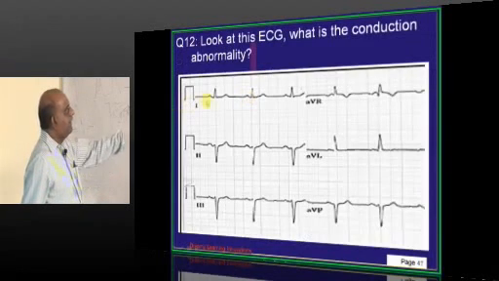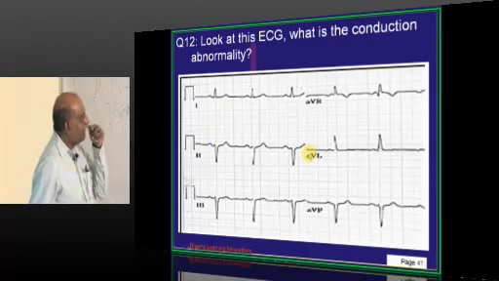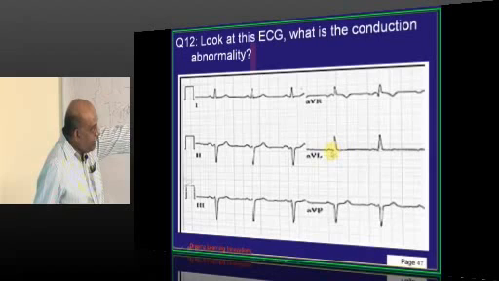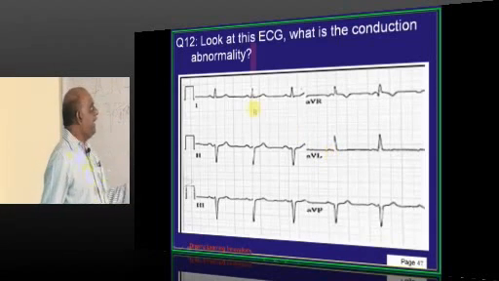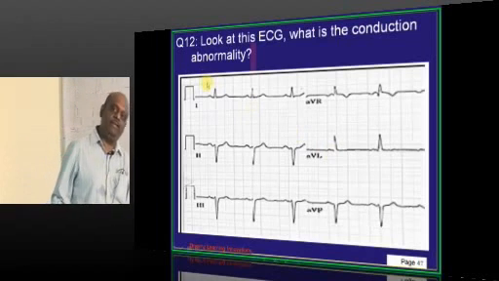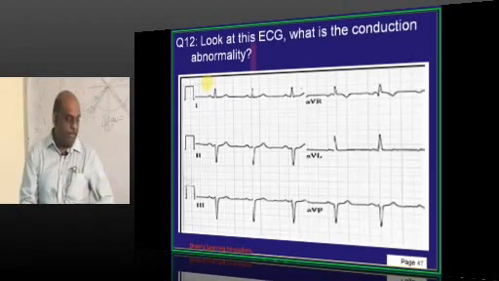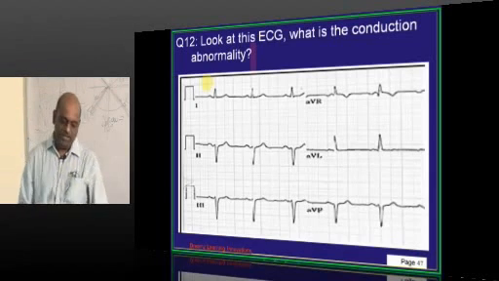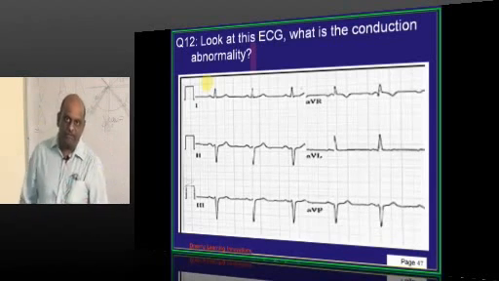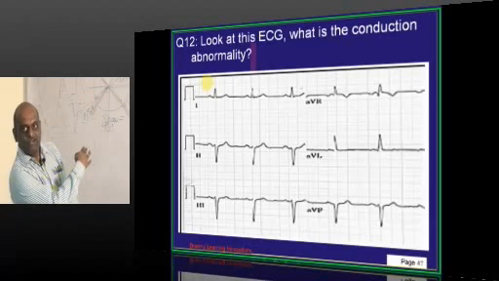Where is lead 1? Lead 1 and aVL. What do you see in lead 1 and aVL? This is aVL. Before QRS, you are finding a small Q wave in lead aVL. What is the speciality of lead 1 and aVL? One is from right to left. How do you get aVL? If you take the left arm and left leg and compare it with the right arm, it is also going towards the left.